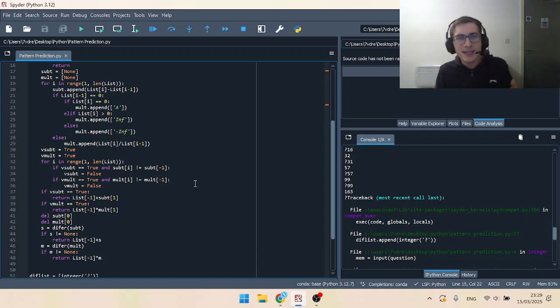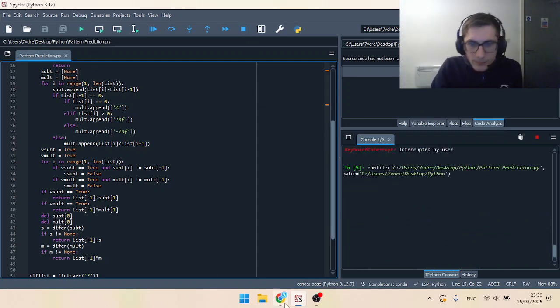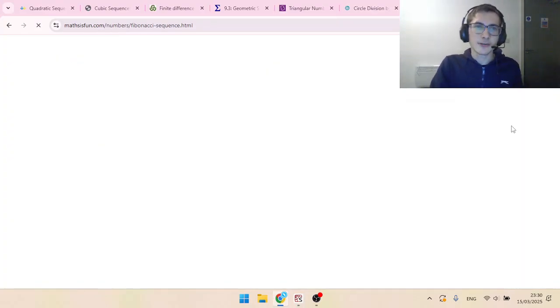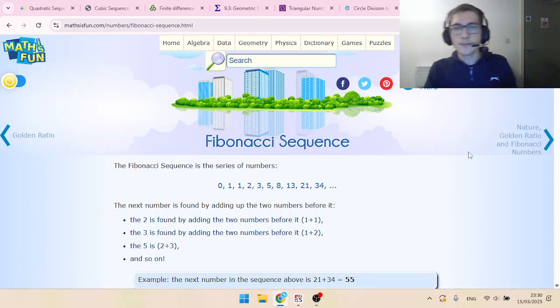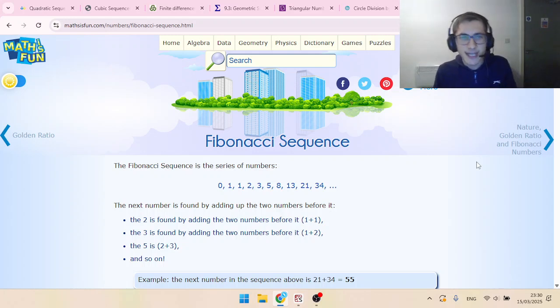So I was thinking that it could perhaps solve some more complex patterns. So let's have a look how that worked out for me. The next one we're going to use is the Fibonacci sequence. Now this is going to be very different from any of the other sequences that I've used. It's really going to put the program to the test if it manages to solve it.